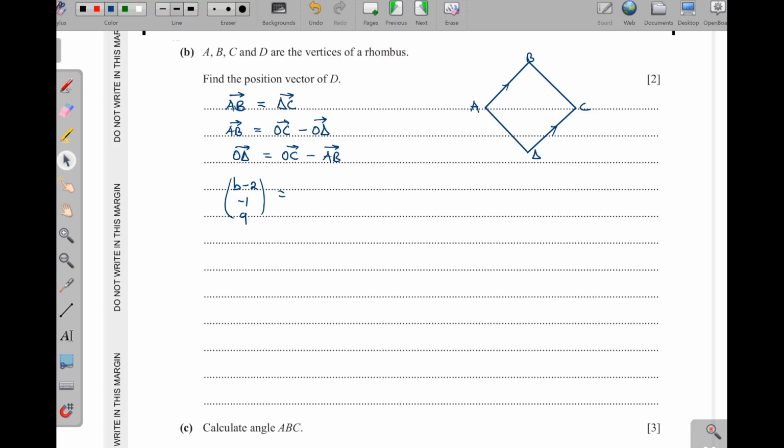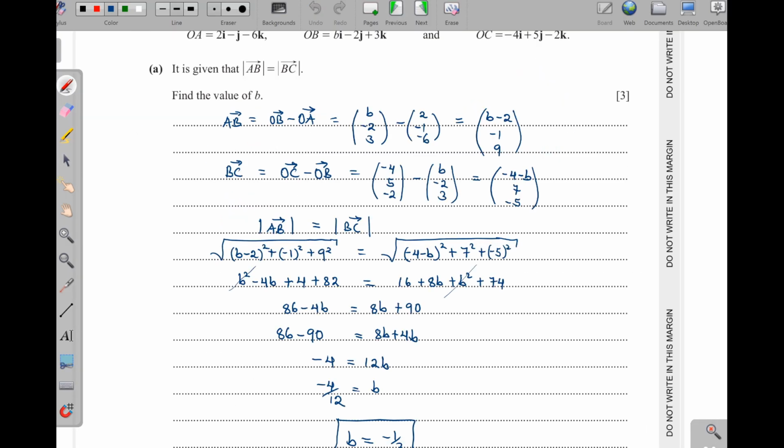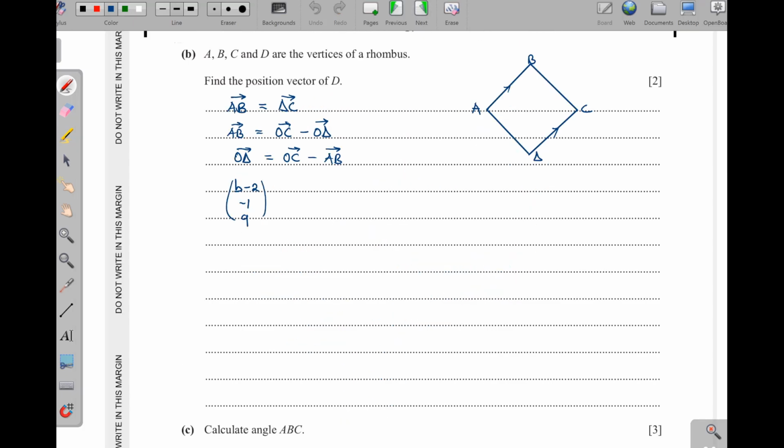So what do we have as our OC? OC is here: -4, 5, -2. So -4, 5, -2, then minus our AB, which is this one here. You see that?